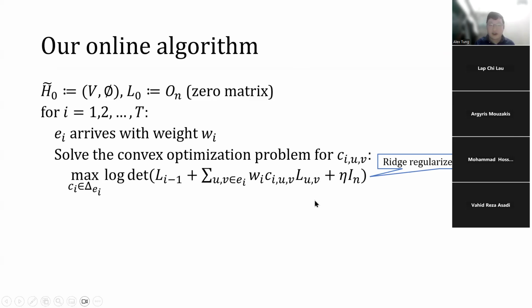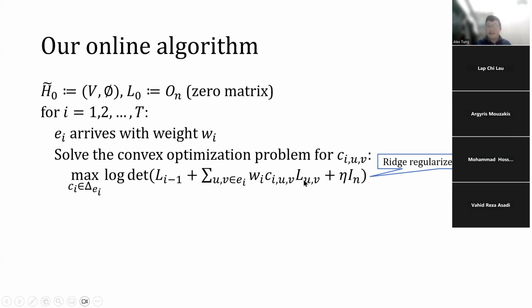So what is going on here is that we kind of assume that there's already a fixed reweighting for the hypergraph up to step i minus one. And then for the new hyperedge, we want to find an optimal assignment of weights in the clique. So this CI, you just want to make sure that this is a convex combination.